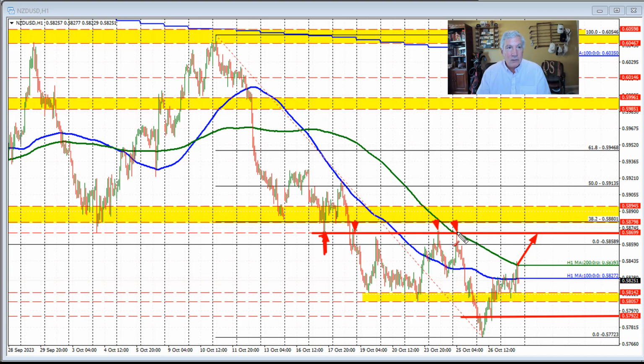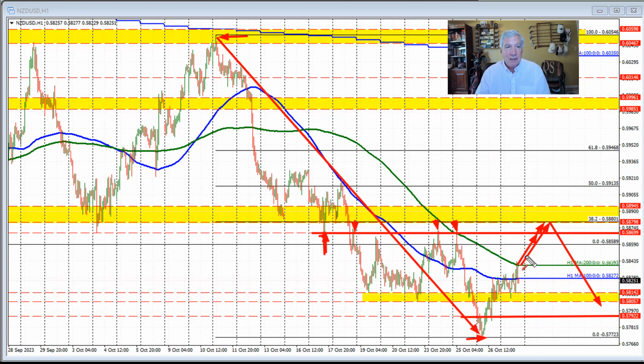So there are a number of different levels there, and then we look toward the 38.2% retracement of the move down from our swing high of October to the swing low in October here. That comes in at 0.5880, and we know that if after a trend move you can't get above the 38.2% retracement, then even though the buyers may get above the 200-hour moving average, they still need to get above the 38.2. So there's work to do to the upside.